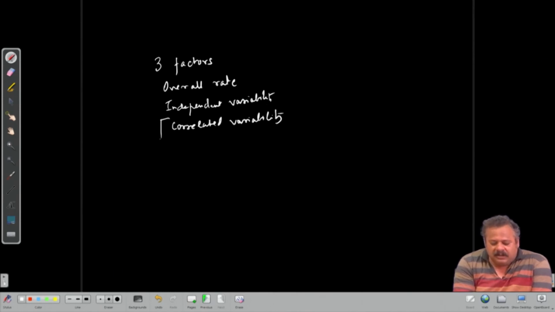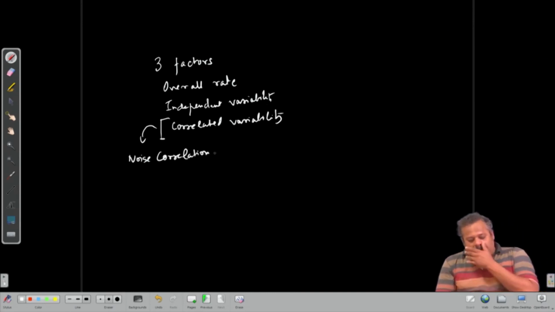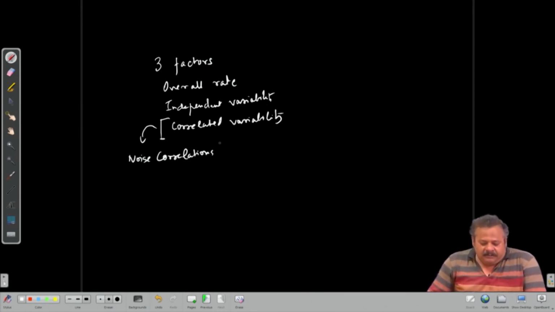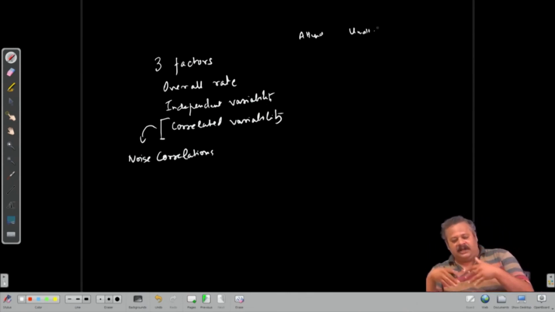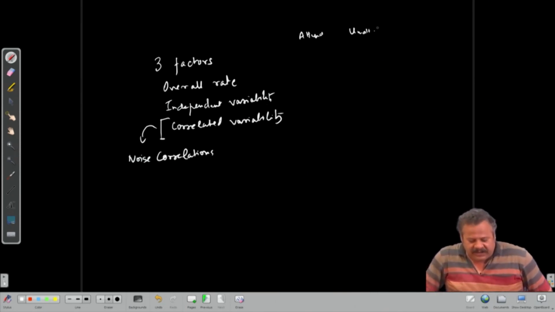This we had discussed initially. This is what we mean by the noise correlations. Essentially, based on the data that they collected, they had data for the attended state and unattended state for the same stimuli. That's how the experiment was designed.